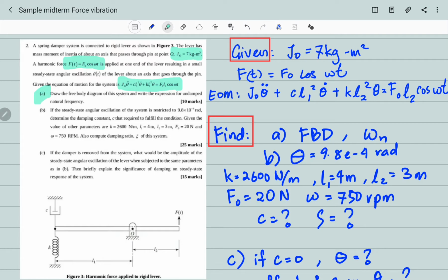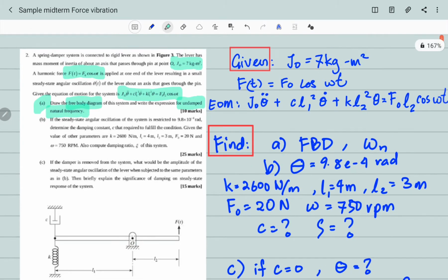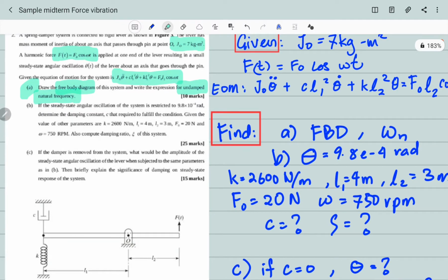In A, you can see I also listed out and summarized the questions. In A, you have to find the free body diagram, as well as express the undamped natural frequency, which I listed as omega n. And part B, you want to find the steady state angular oscillation, which is capital theta here.